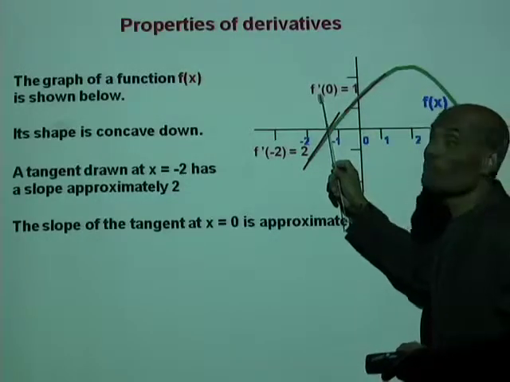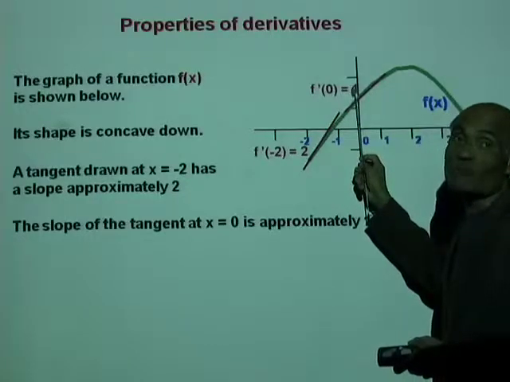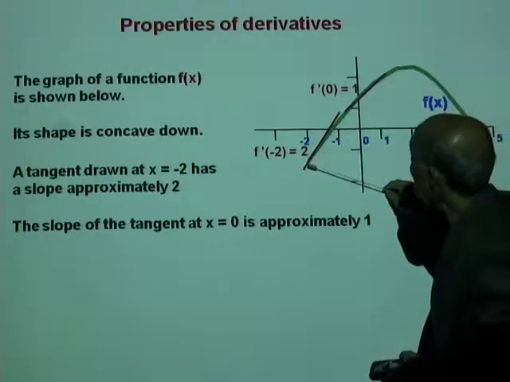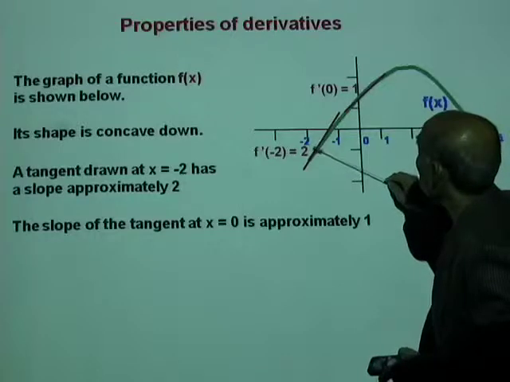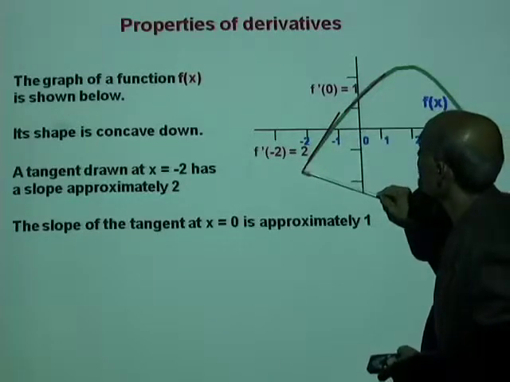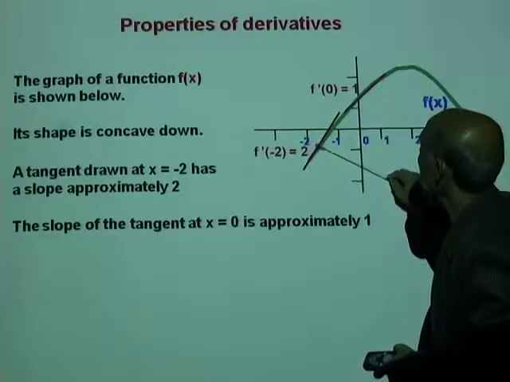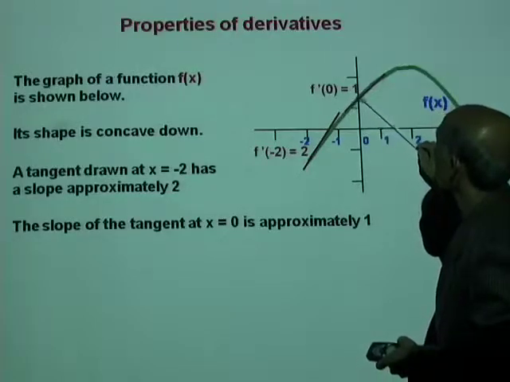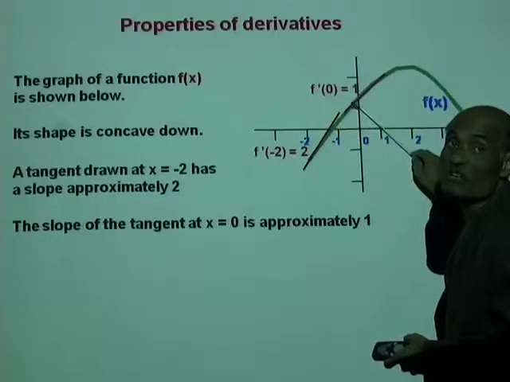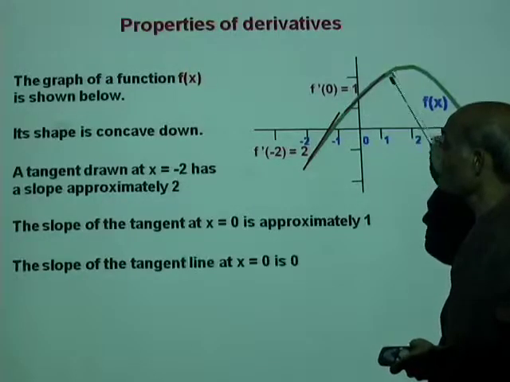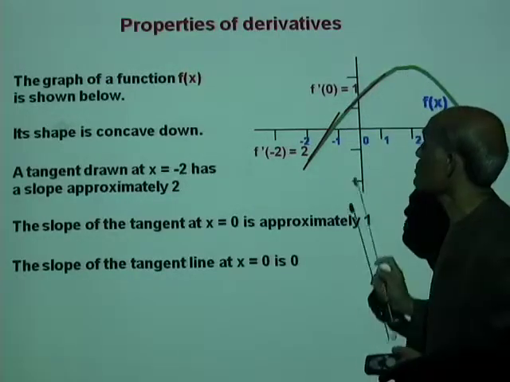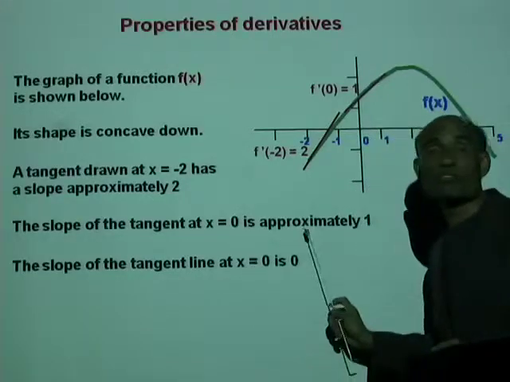We say f prime of 0 is 1. Tell me, what is happening to the derivative as we move from left to right? The derivative at x equal to -2 is 2. Derivative at x equal to 0 is 1. The derivative is decreasing.